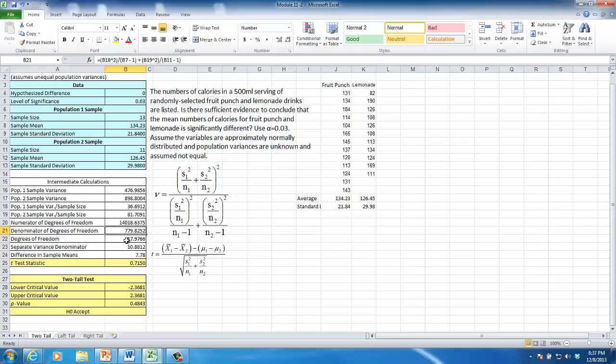And then once we divide the numerator by the denominator, we find the degrees of freedom.